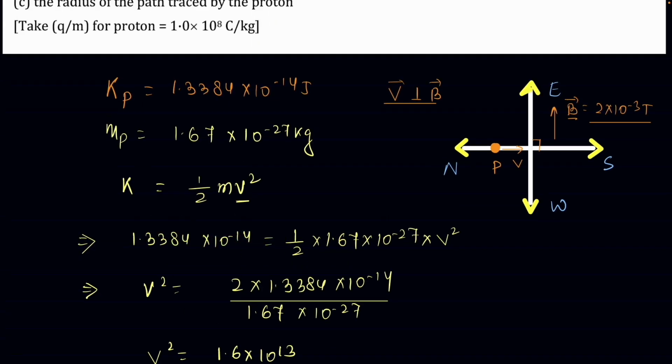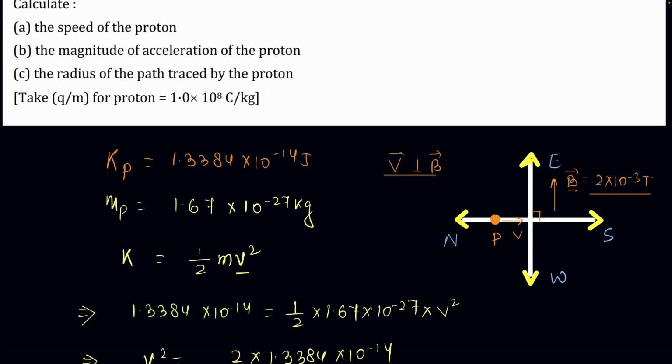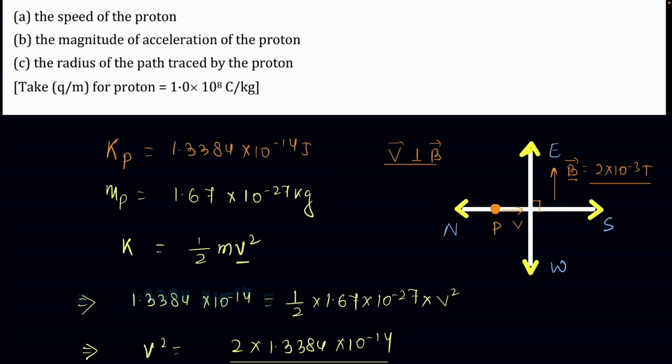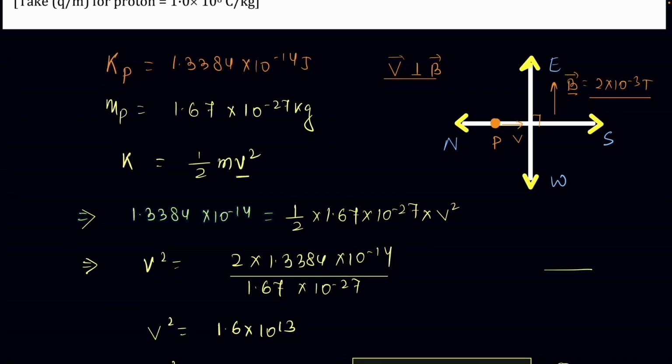In the second part, we have to find the magnitude of the acceleration. If the velocity is along the x-axis, and let's assume the magnetic field is along the y-axis, where will the force act? Along the z-axis.